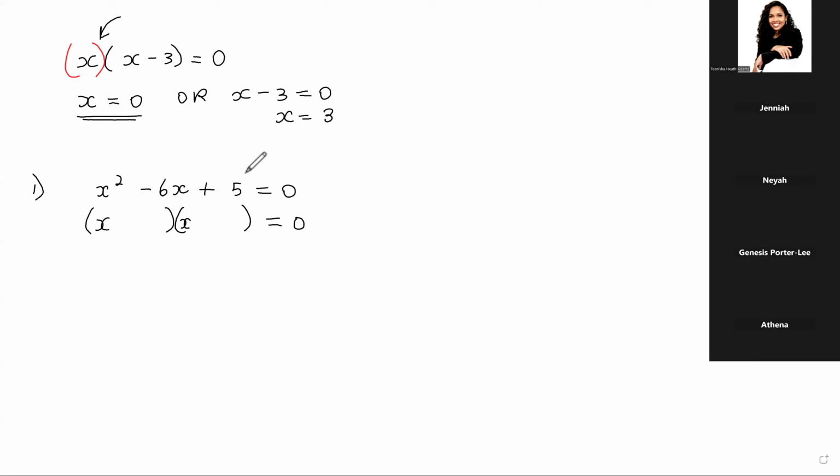Now remember, because this is a positive 5, the two numbers have to multiply by each other to give you positive 5, and they have to add or subtract to give you negative 6. All right. So 5, thankfully, only has two factors, 1 and 5.